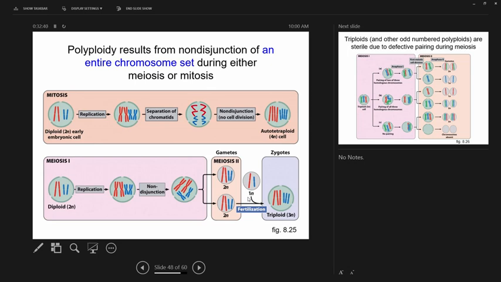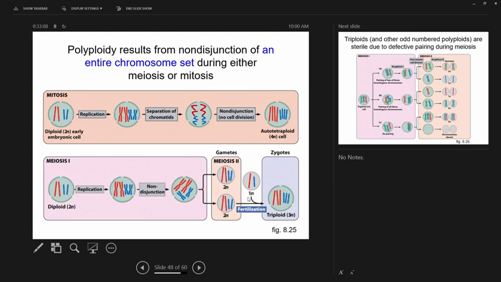They will line up in a straight line on the metaphase plate during metaphase. Then in anaphase, the sister chromatids are segregating normally, but then something happens. And during telophase, cytokinesis does not happen, and instead of becoming two cells, that cell stays one, and so now you have gone from 2N to 4N.